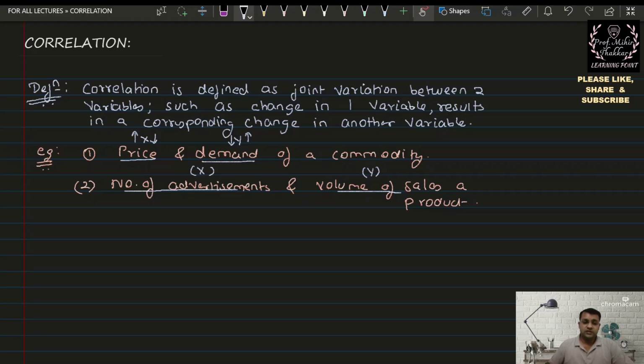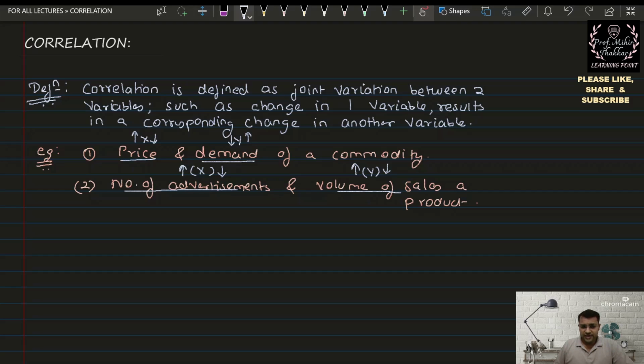So if the company does a lot of advertisements, that is a huge number of advertisements is done for that product, automatically the sales of the product will increase. Whereas if the company doesn't do any kind of advertising or anything, then definitely the sales of that product will be very less, or probably there will be no sales of that product.